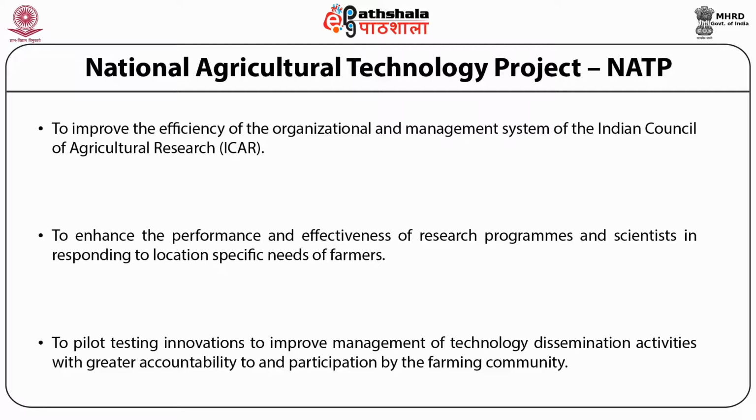The Innovations in Technology Dissemination component of NATP intended to pilot test the new organizational arrangement and operational procedures, not merely strengthening the extension system. The basic objective was to decentralize the decision-making process to the grassroots level through the interventions of the Agricultural Technology Management Agency.